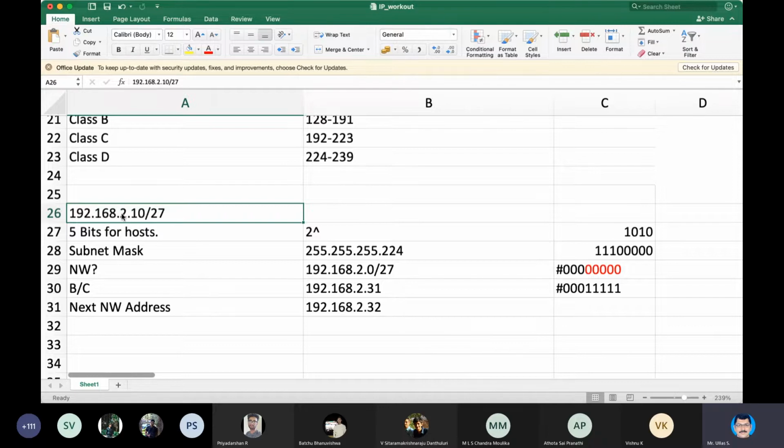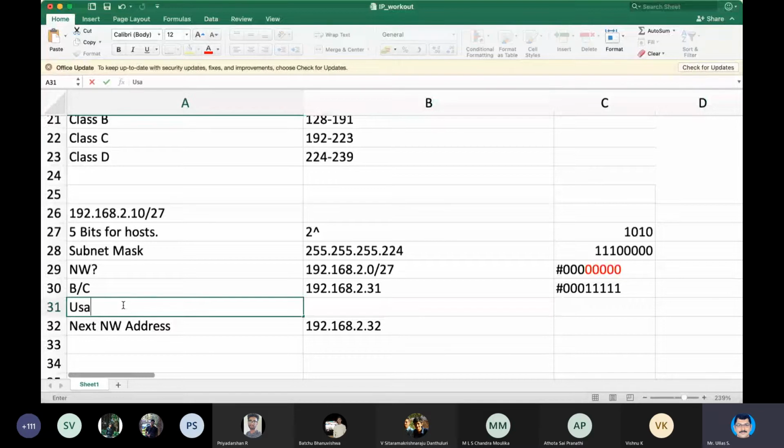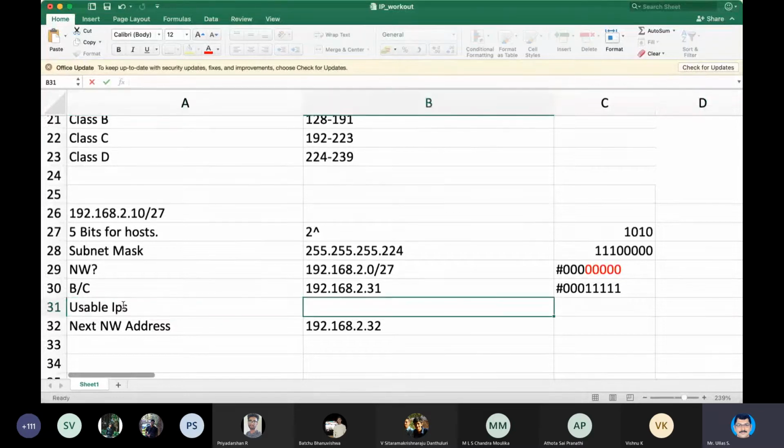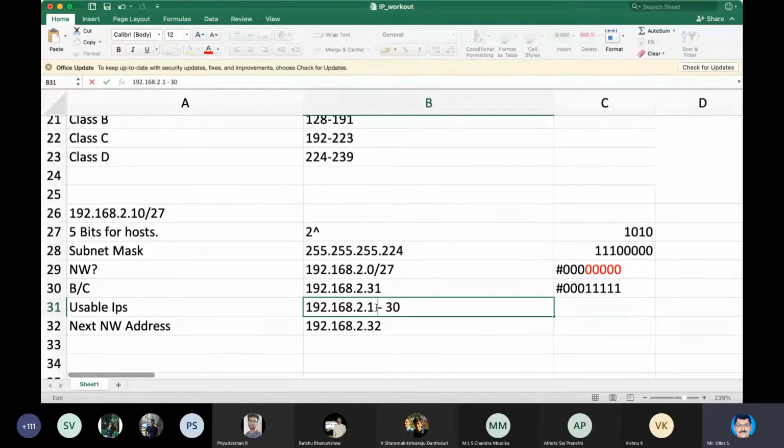It is 2.1 to 2.30. 2.1 to 2.30 are the usable IPs.